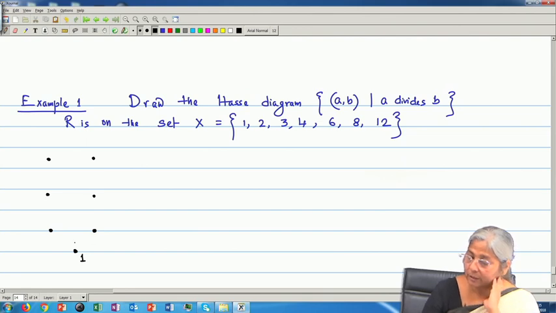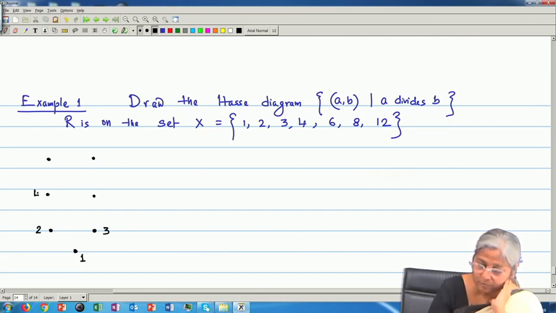So, A divides B. So, 1 divides everyone: 2, 3, 4, 6, 8, 12.